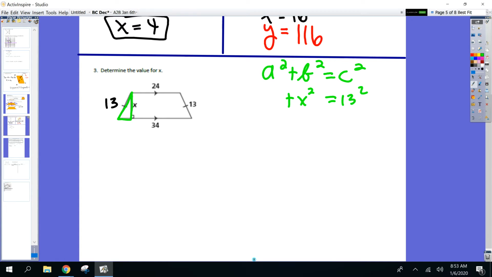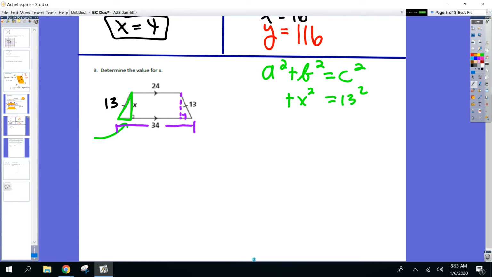If I could find the value of the other leg here, then I'd be on my way. Can I find that? Because once I find it, we're gone. Well, can I draw in another altitude on the other side coming from this vertex? Yes, I can. This whole thing here was 34.